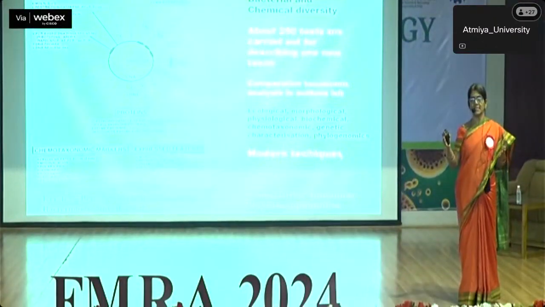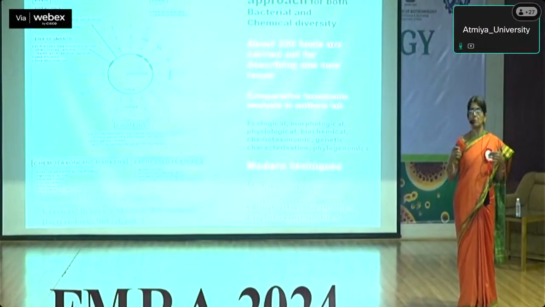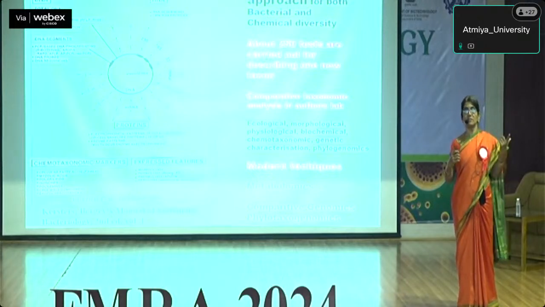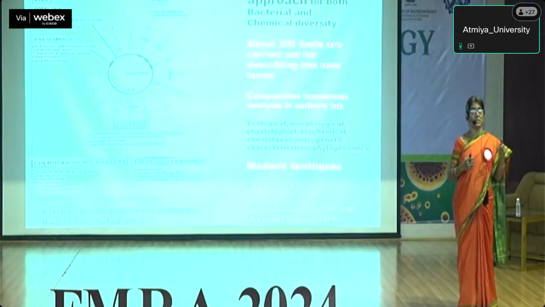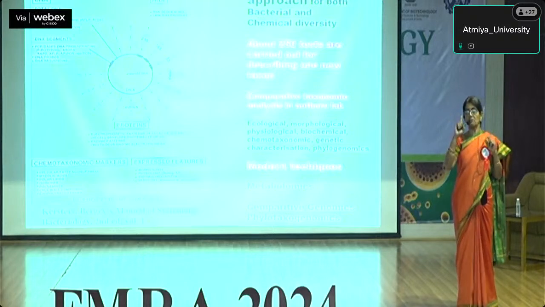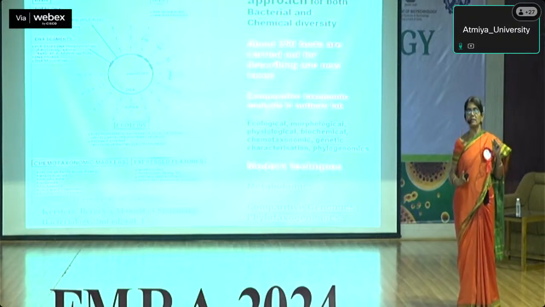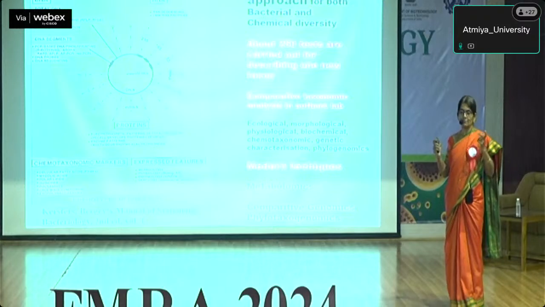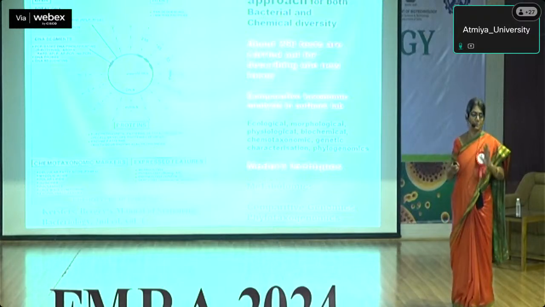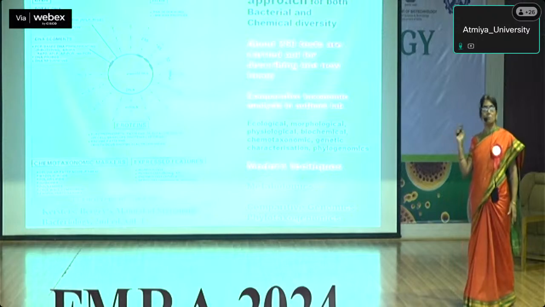But one good thing is the cost has come down tremendously. When we first sequenced the genome in 2005, it cost us 6.5 lakhs for one bacterial genome. And today it is just 20,000 rupees. Just 20,000 compared to 6.5 lakhs. This is compulsory.